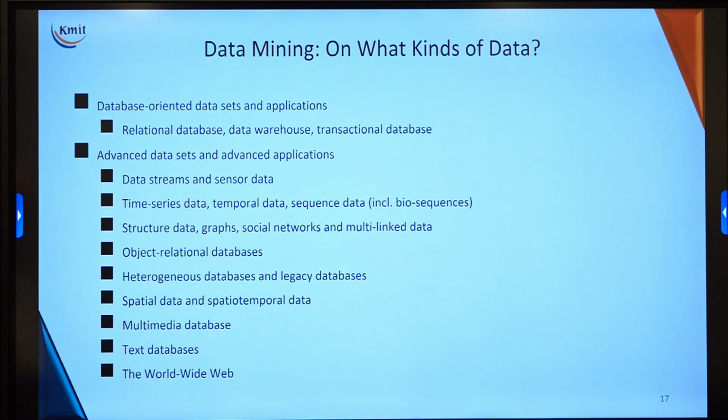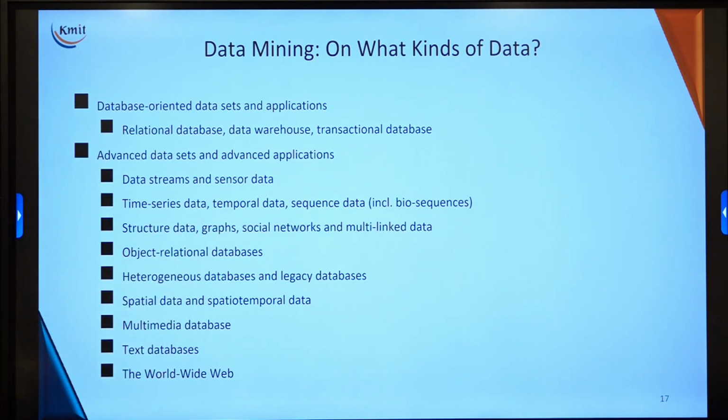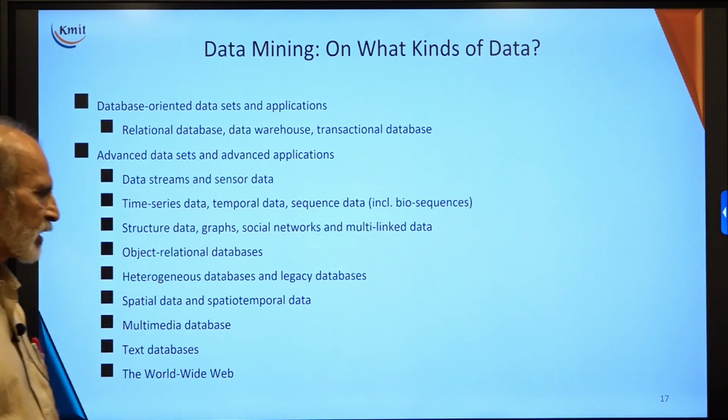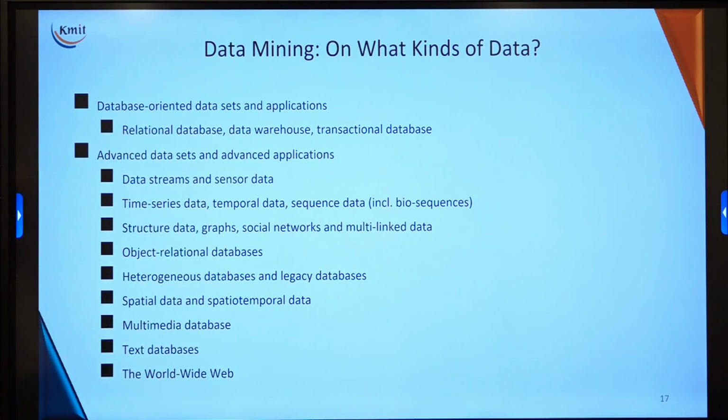Database oriented dataset application, okay, we have RDBMS, we have data warehousing, and we have a transactional database. For example, if I am booking a railway ticket, it is a transactional database. If I am booking a train ticket, an air ticket, any kind of ticketing, this is a transactional database. Advanced datasets and advanced applications like data streams and sensor data.